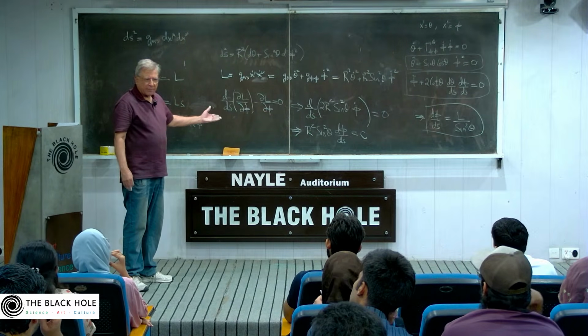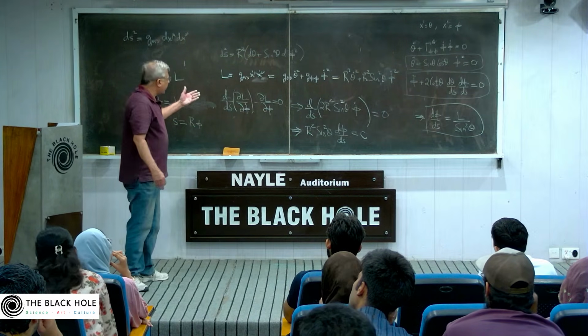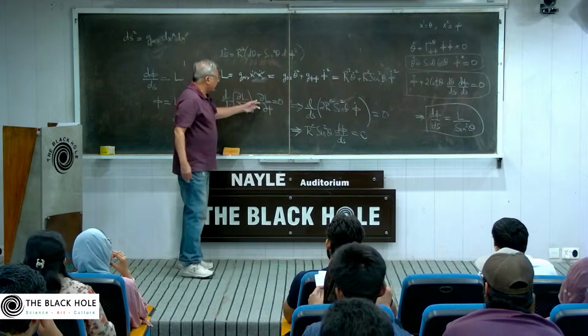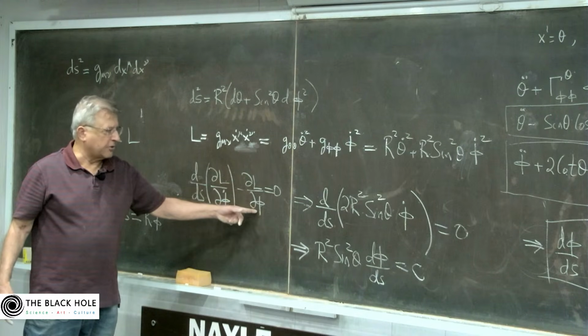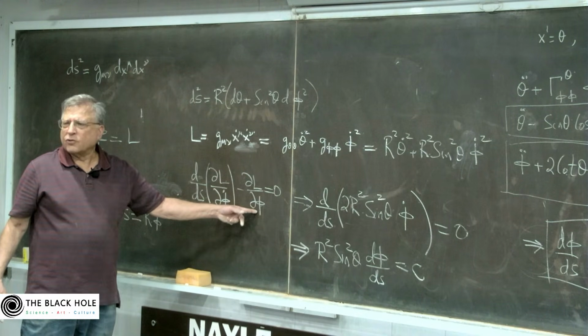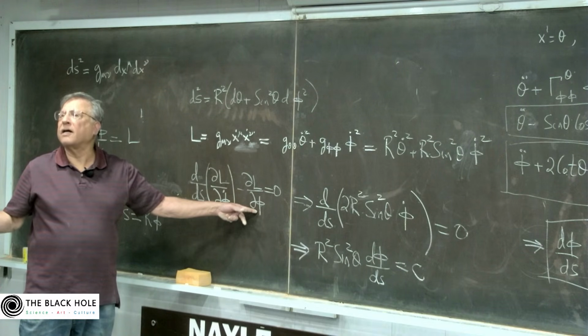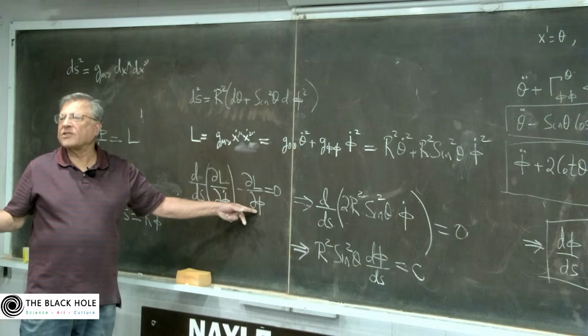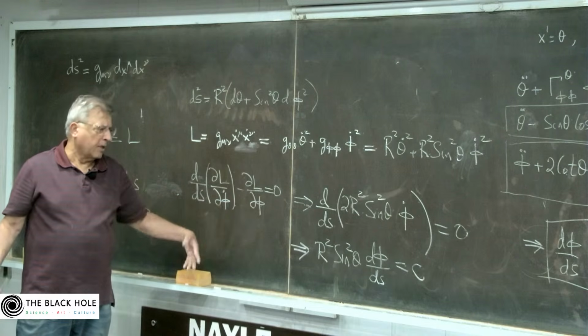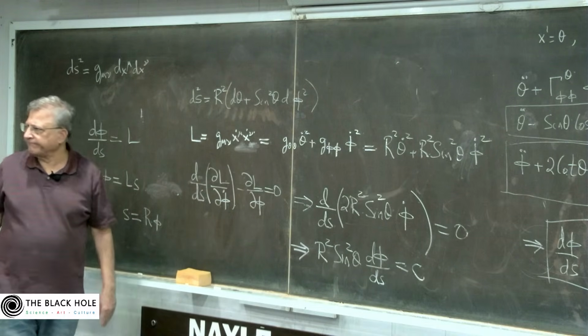But here you do a little bit of thinking, because here you say, aha, this Lagrangian does not depend upon phi. So phi is what is called, what's it called? A cyclic coordinate, yeah. So that's using that.